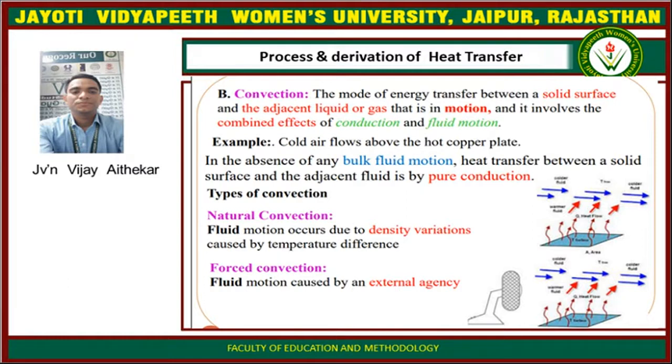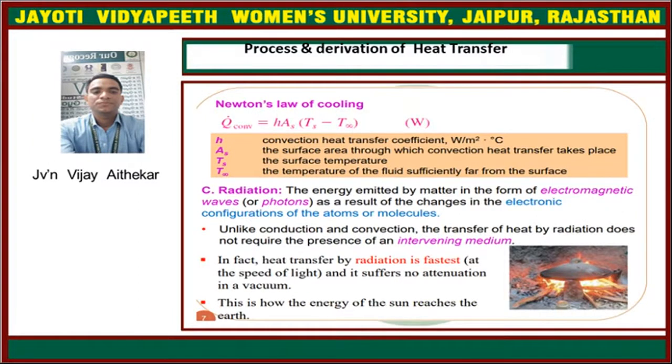The types of convection are natural convection and forced convection. In natural convection, fluid motion occurs due to density variation caused by temperature difference. In forced convection, fluid motion is caused by an external agency.